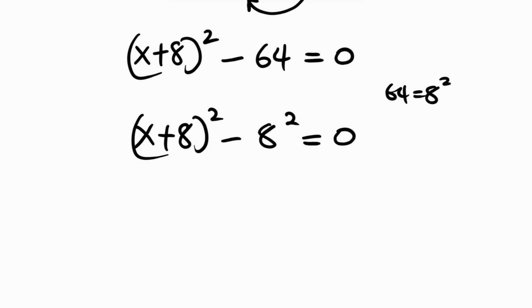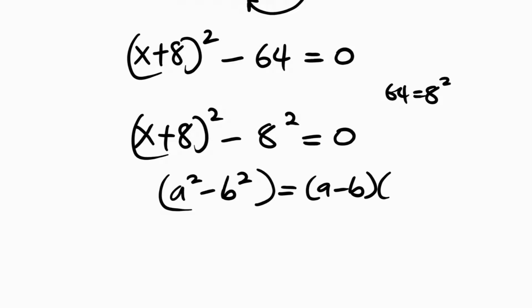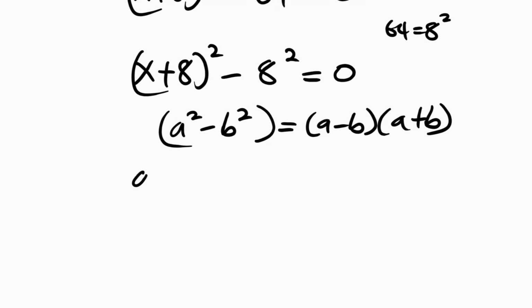Now this is in the form of a² − b², and a² − b² is equal to (a − b)(a + b). In this situation, a is equal to x + 8 and b is equal to 8.